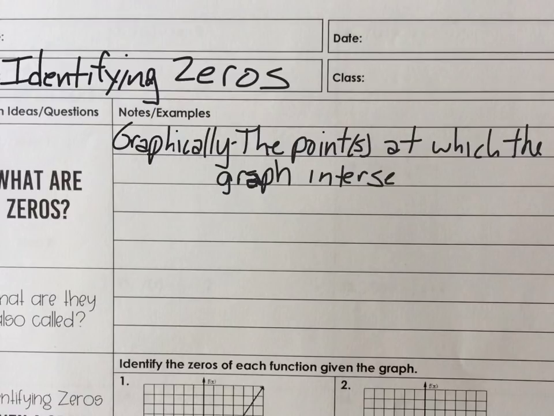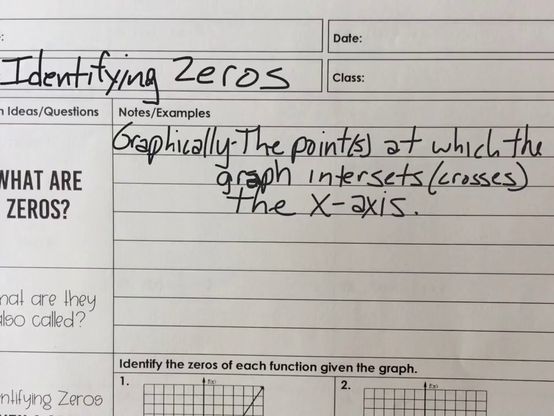Intersects is a synonym for crosses. Actually, it's just where they meet, but we can think of it as crosses. And it might do that once, might do that more than once.